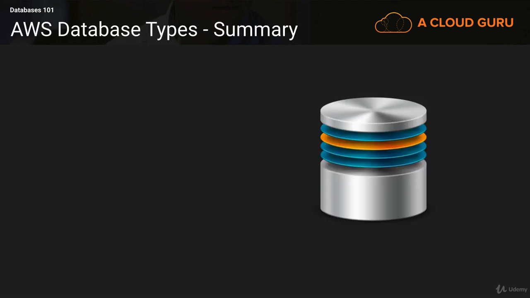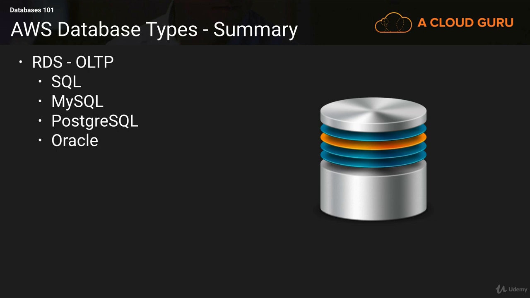So we've learned basically all the different types of databases for AWS. Let's just summarize what they are. We've got RDS, which is online transaction processing. That consists of SQL Server, MySQL, PostgreSQL, Oracle, Aurora, and MariaDB. Throughout most of this course, we'll be using MySQL, but you do need to understand what Aurora is at a high level and the pros.